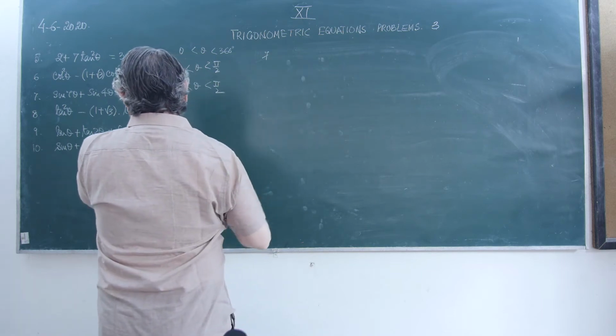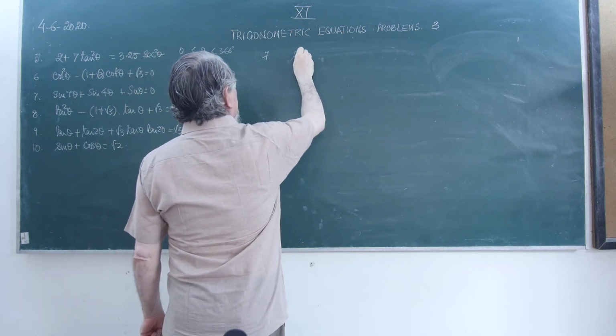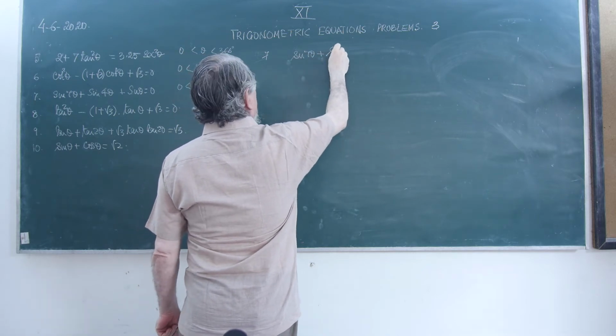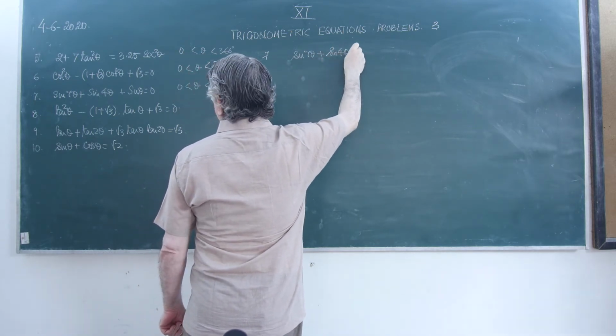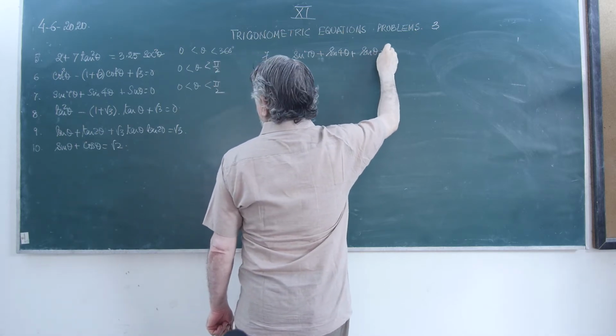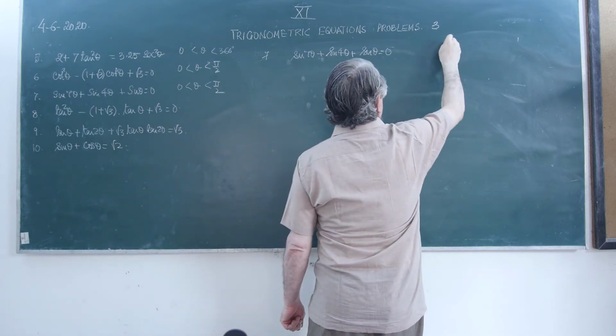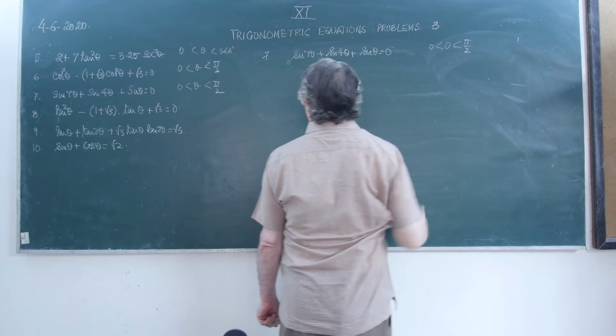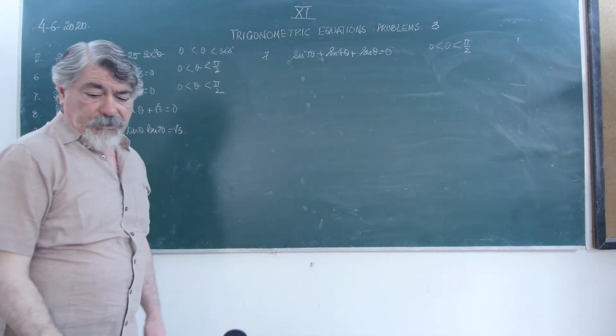The seventh sum: I have sine 7 theta plus sine 4 theta plus sine theta is equal to 0. And again theta has to be between 0 and pi by 2. That means it is going to be in the first quadrant only. It is not going to go beyond the first quadrant.